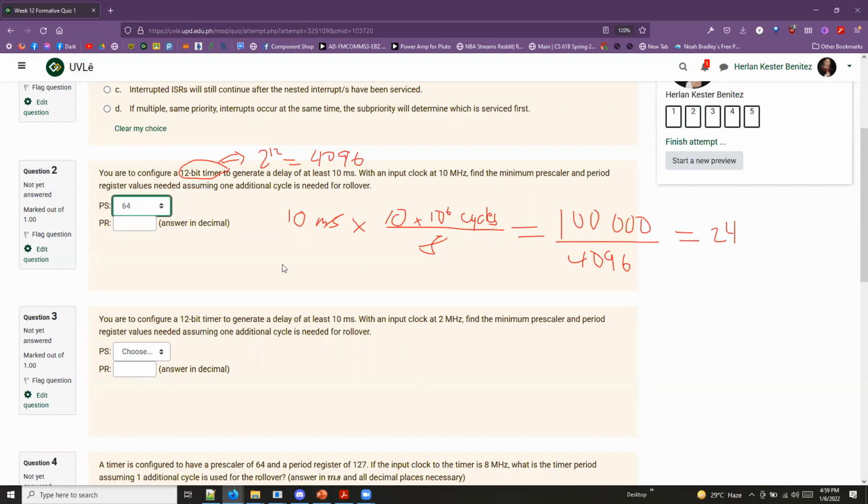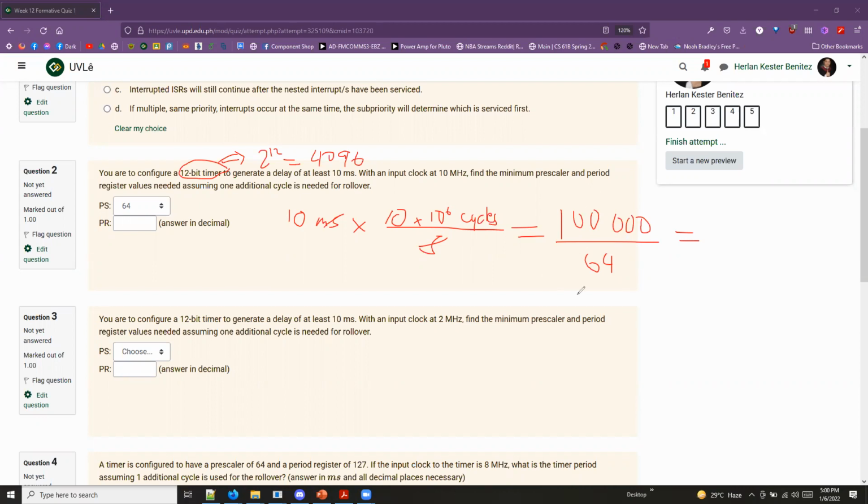So, since we are using a prescaler of 64, we can divide yung 100,000 by scalar. Since the prescaler, kumbaga every 64 clock cycles, tsaka lang mag-tick yung ating timer.